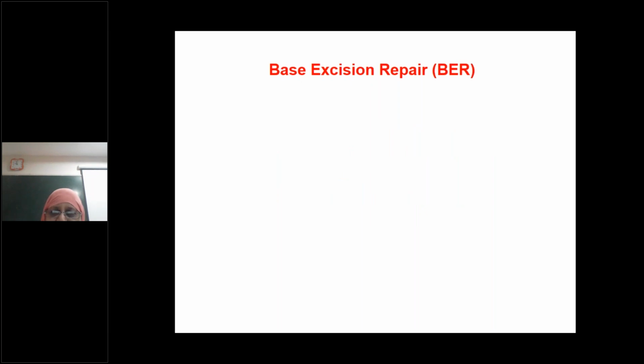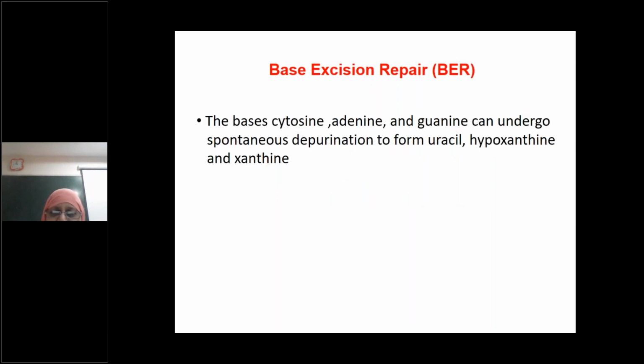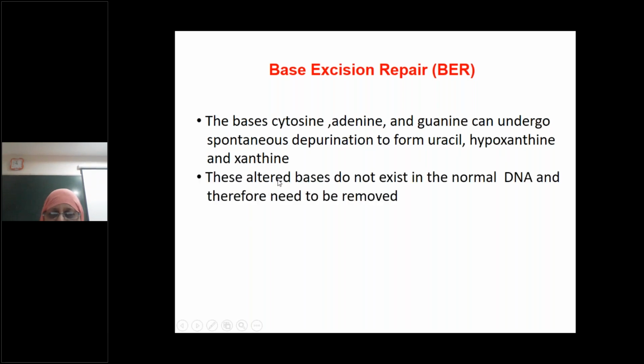So what is base excision repair? The bases cytosine, adenine, and guanine can undergo spontaneous deamination, as we have just seen, to form uracil, hypoxanthine, and xanthine. Now these altered bases do not exist in normal DNA and therefore they have to be removed.